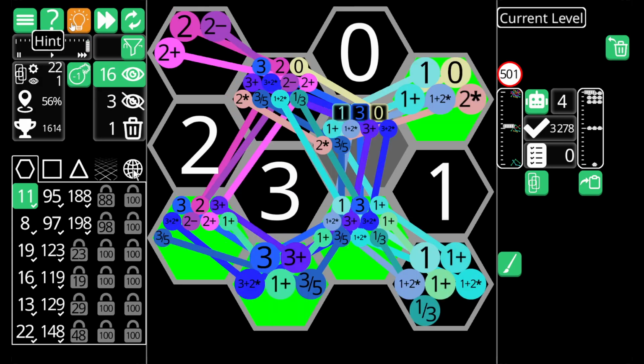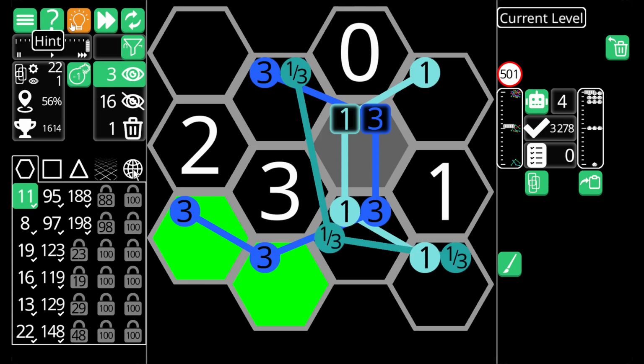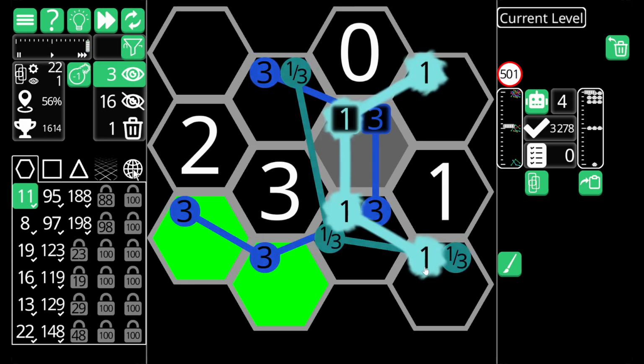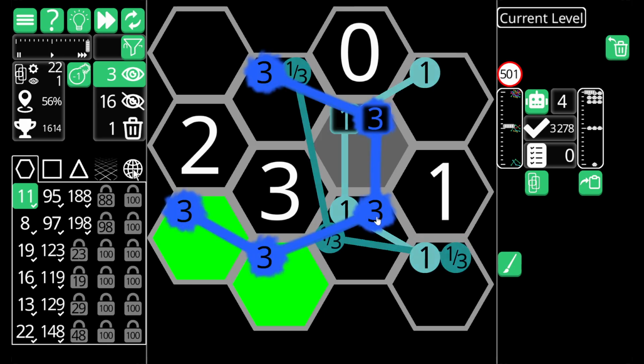Like here, at least there's only one negative rule. But it claims that three regions are necessary to solve the puzzle. So I can't just write some overlap for all of them, because two of them are negative.